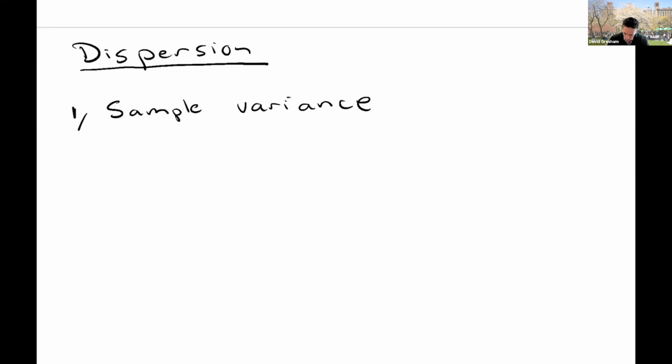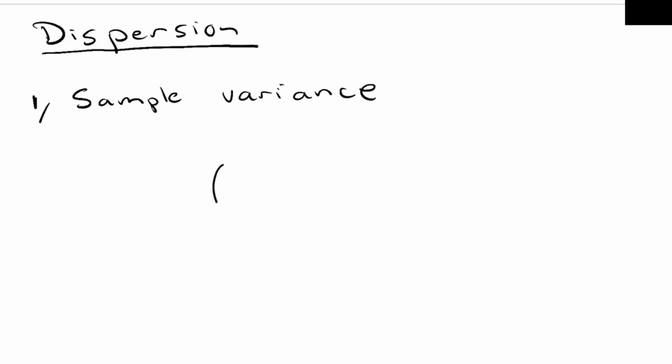To compute this value, we take each individual measurement, xi, so that's each GPA score. We subtract the mean, which is our x bar, 3.51 in this case, and we add up all those measurements.